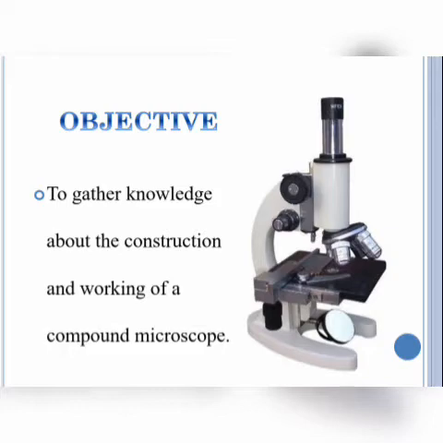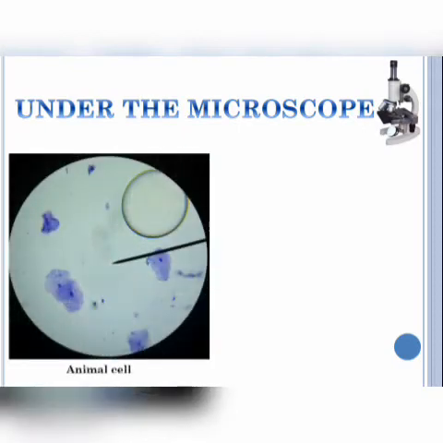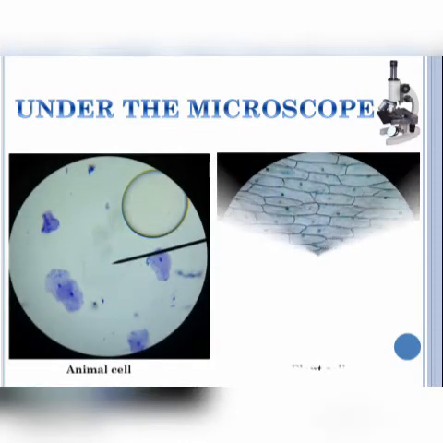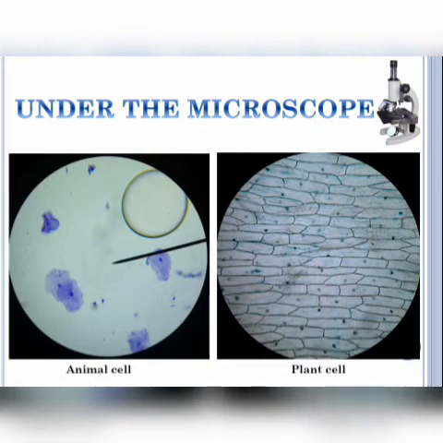A microscope is an optical instrument which is used for viewing very small objects such as animal cell, plant cell, and so on, which typically magnifies the object several hundred times.